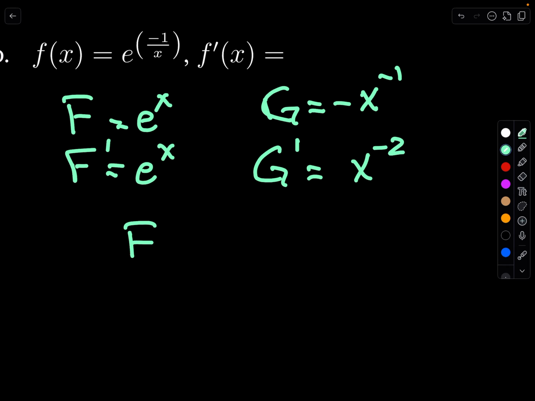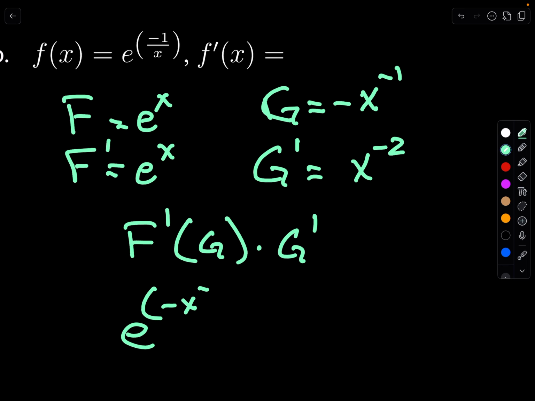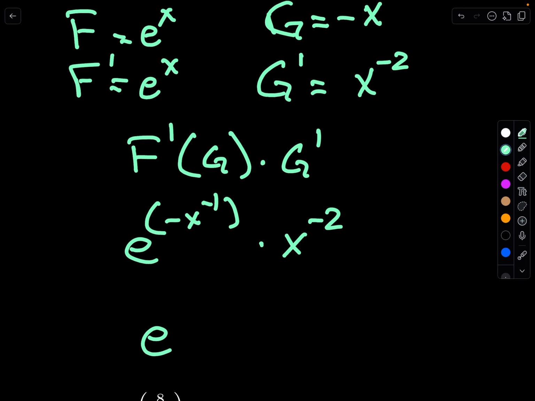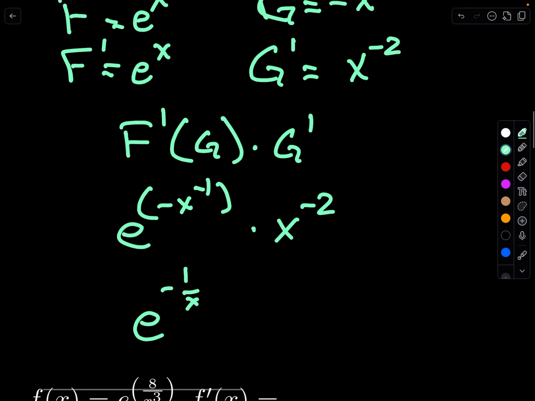And so f prime evaluated at g times g prime is going to be e to the negative x to the negative first times g prime, which is x to the negative second. So that's e to the negative 1 over x times 1 over x squared.